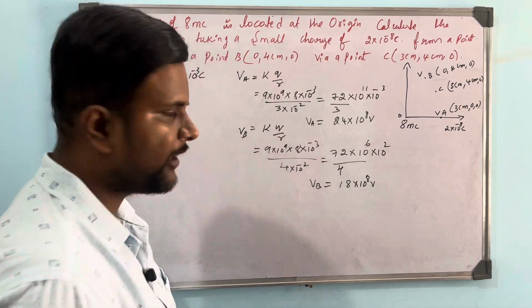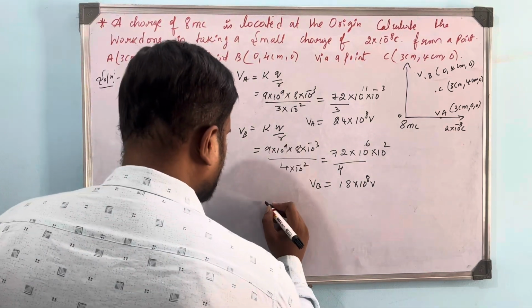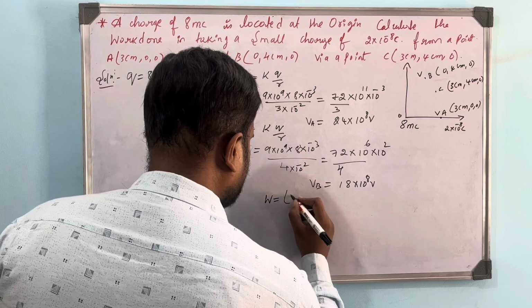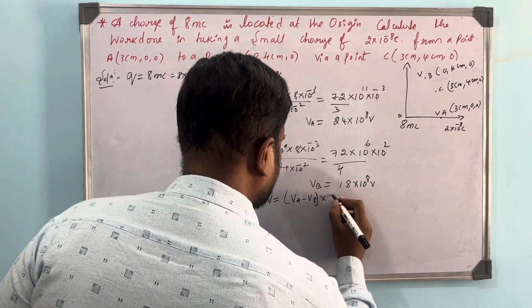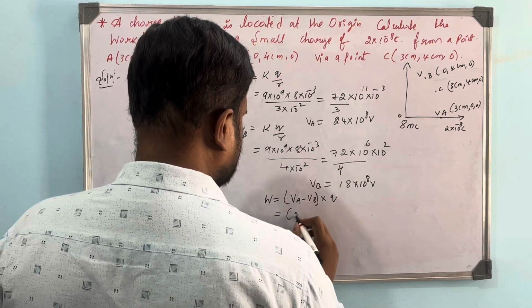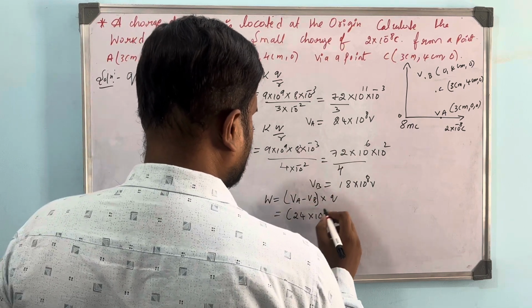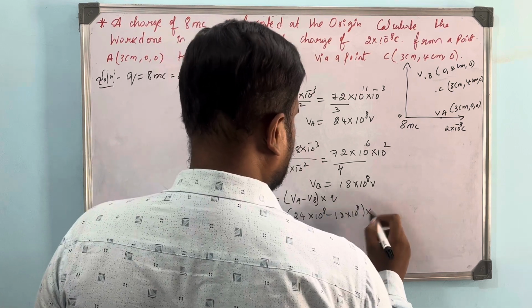Now we have the potential at A and the potential at B, but we need to calculate the work done. So what is the work done formula? Work done is VA minus VB, into charge. VA value is 24 into 10 to the power of 8, minus VB value 18 into 10 to the power of 8, multiplied by the charge value.